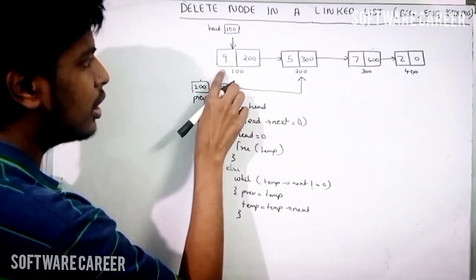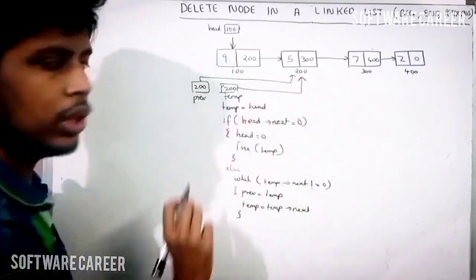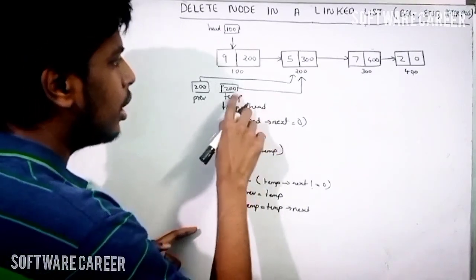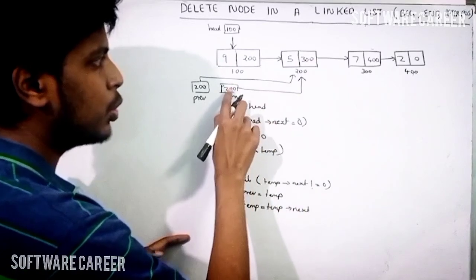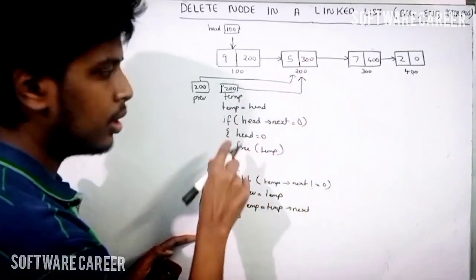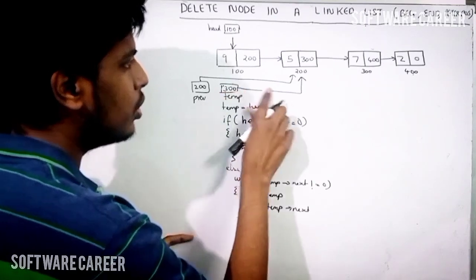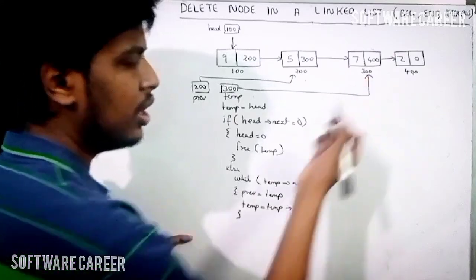So this pointer is getting cancelled and this pointer is pointing to the node which has address 200. Now temp equals temp next. Temp is 200. 200 next is 300. So I am writing 300. So this pointer is getting cancelled and this pointer is pointing to node 300.